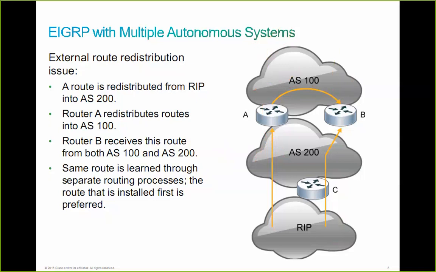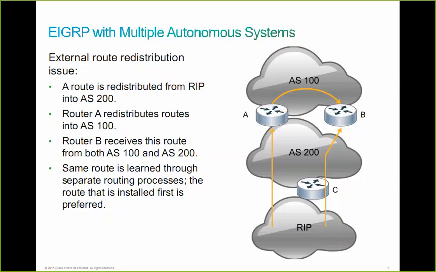It's the same, right? Router A redistributes those RIP routes into AS100. Router B hears about those route prefixes and advertisements from both AS200 and AS100, but they have the same administrative distance. They're both external routes to both autonomous systems. Whether it's AS100 or 200, they're external routes.